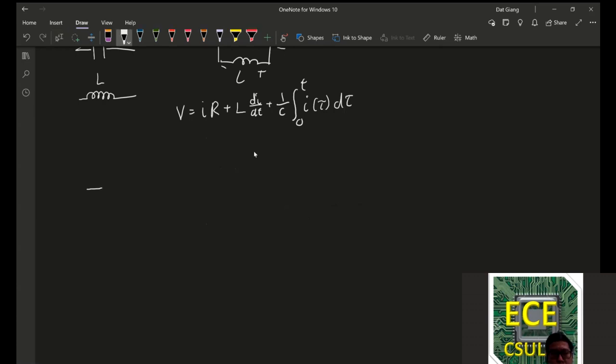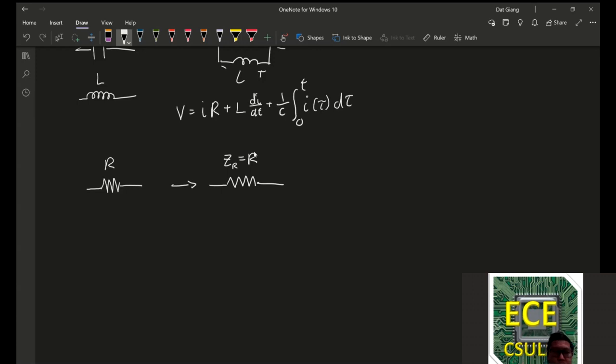For resistors, the goal for impedance is to basically turn everything into resistances. So now resistors stay the same. Actually, for Z, the impedance Z of R is equal to R. Resistance stays the same. We're trying to compare it to resistors.